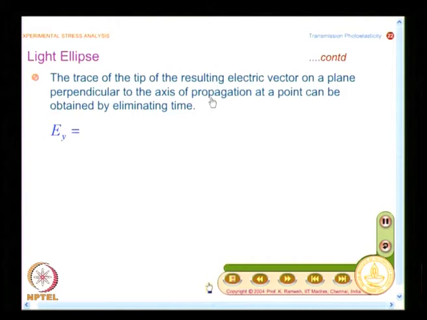This can be obtained by eliminating time. I have already mentioned that for you to carry on with photoelasticity, you need to brush up your trigonometric identities. We will use several of them. Even for this development, we will use a trigonometric identity and simplify the set of expressions.